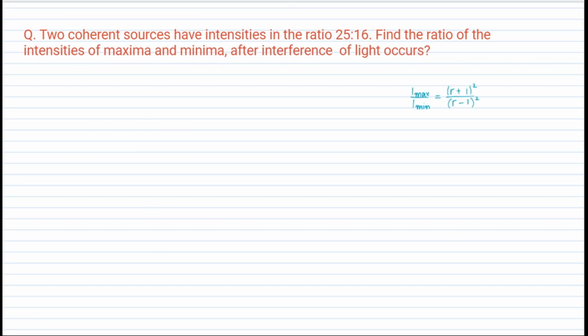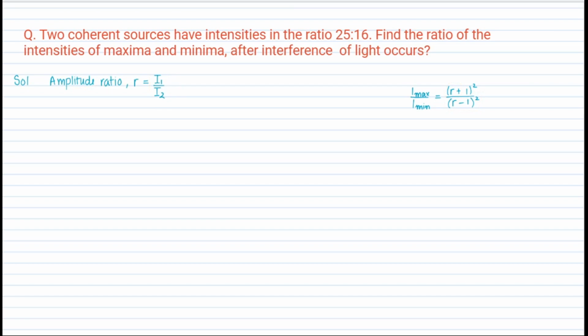Okay, so we remember the ratio of the maxima to minima is (r plus 1) whole square upon (r minus 1) whole square, where this r is your amplitude ratio. So the amplitude ratio is r equals root over I1 by root over I2.